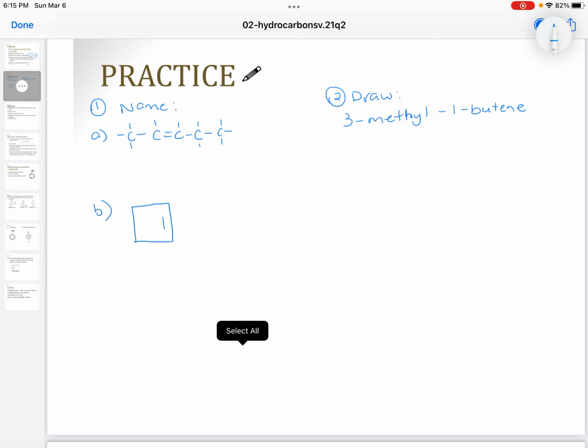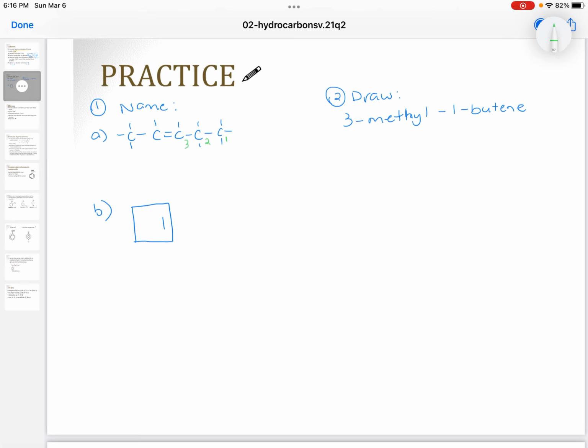Okay, so in the first chain, we have to find or count what is the longest chain, just as we've been doing before. So whether you go from left to right or right to left, you're going to get 5. This is a straight chain, 1, 2, 3, 4, 5. And then again, don't write this down, but you want to count the lowest number. So you're not going to count from this way, 1, 2, 3, because the double bond would be on carbon 3.